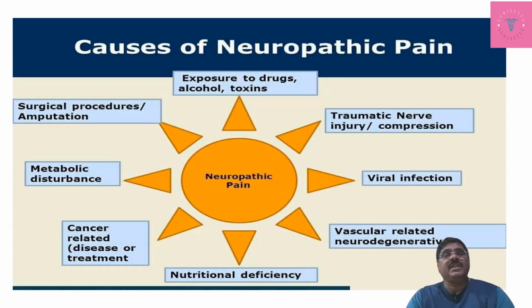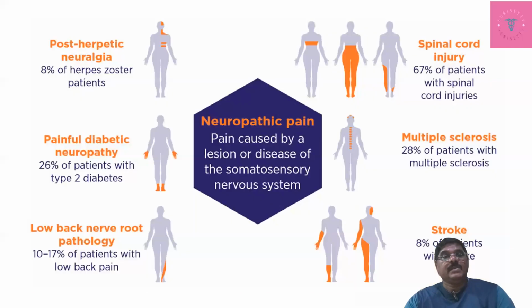These are all the different etiological reasons the patient may suffer from neuropathic pain. So let's come to the incidence. In peripheral neuropathic pain, painful diabetic neuropathy is the most common cause. About 26% of peripheral neuropathy is due to painful diabetic neuropathy.